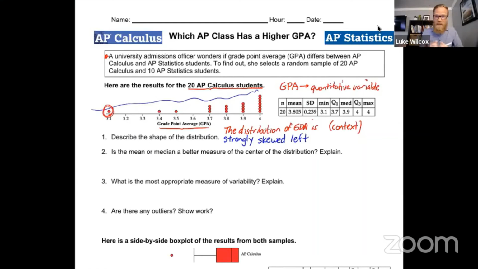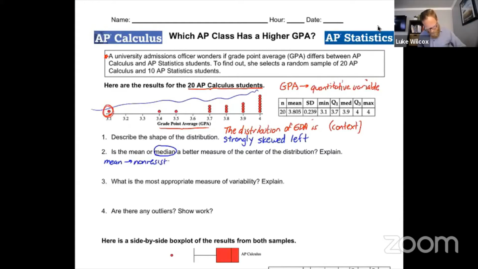It's going to drag the mean way down, whereas the median is going to be a bit more resistant to that change. So in this particular case, the median is going to be the better choice for the measure of center for this distribution. And to give my explanation, let's talk about the fact that the mean is non-resistant.